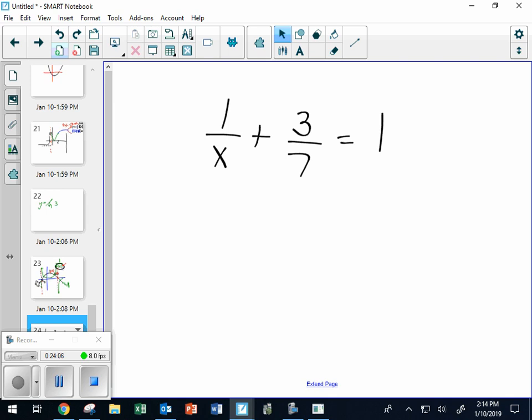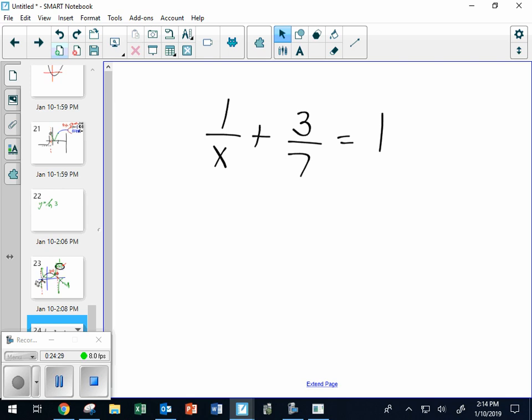Fraction problems are perennially hard for everybody. So I've tried to stress since the beginning of the year, if you have a fraction in your problem, get rid of it. Clear the fractions. So do you get that I could multiply this? Somebody's not with me. Thank you. You could multiply this by something that would make the fractions go away.